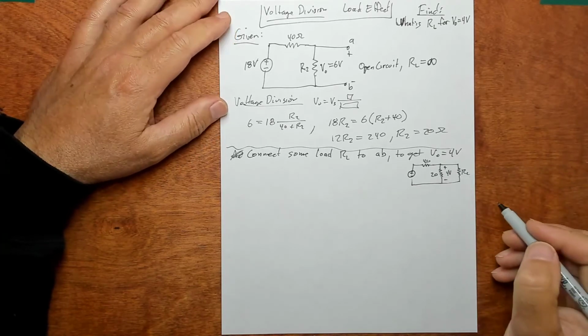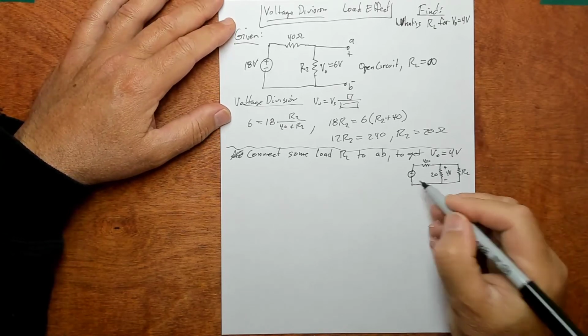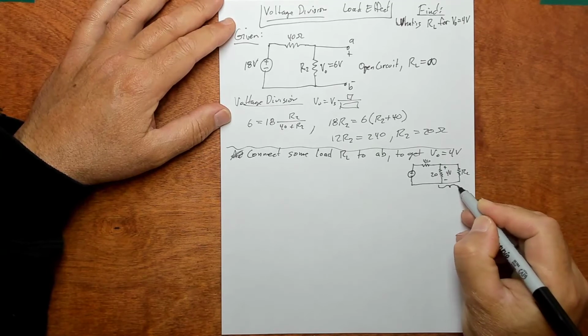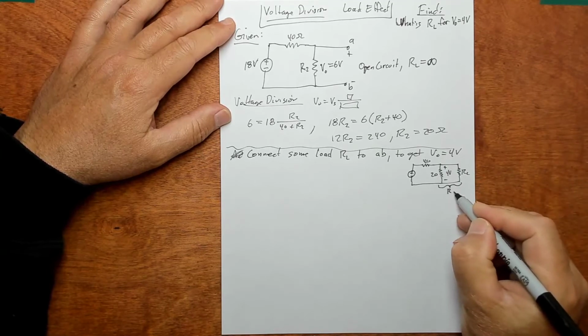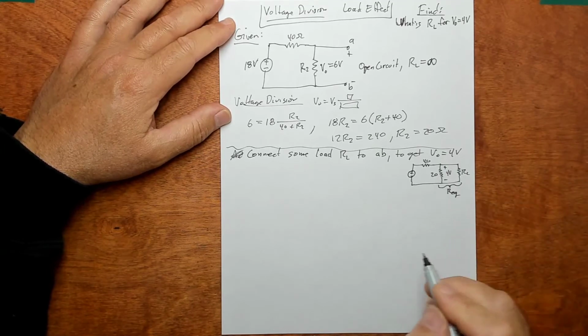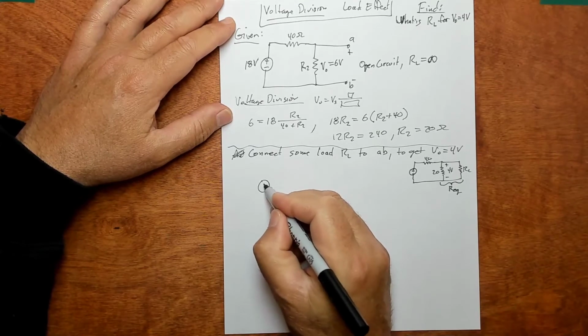So the trick to this problem is realizing that we can simplify this with something, let's call it R equivalent. So that's what I'm going to draw here a little bit bigger.